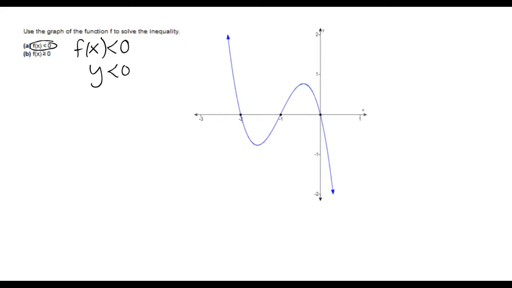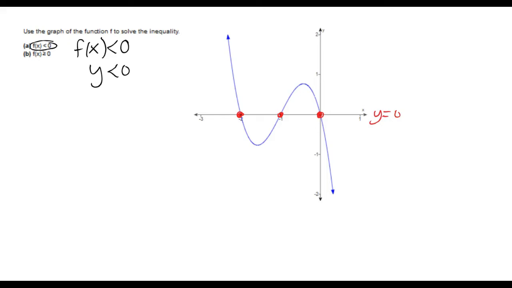So I'm going to pay attention to my y scale, and for my y scale, any points that are on the x-axis, those are our x-intercepts, and all x-intercepts have a y-coordinate that is 0.